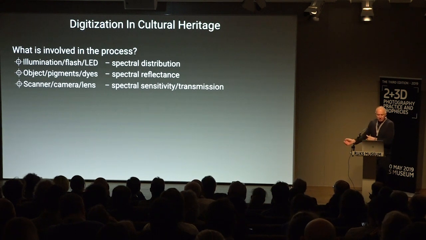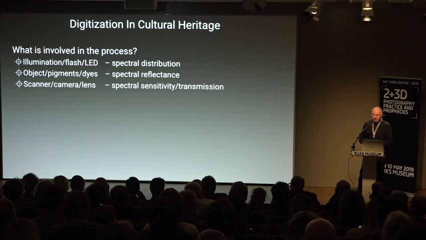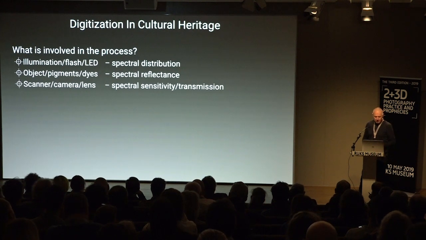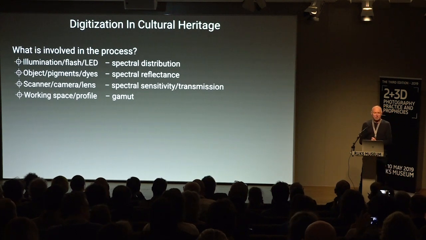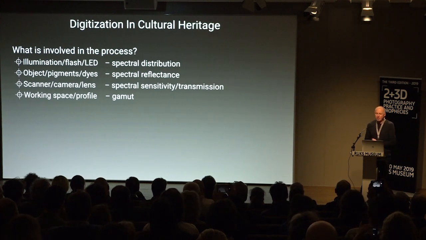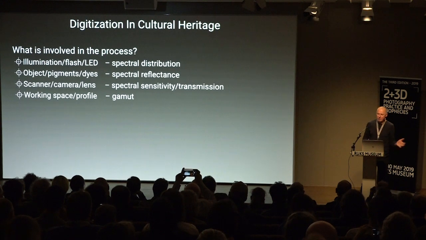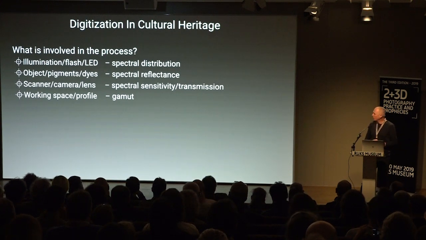It's the scanner or camera and the lens, as Roy pointed out. Then we can destroy a lot of color if we choose the wrong ICC profile that we convert color into, regardless if we come from multispectral or RGB data.